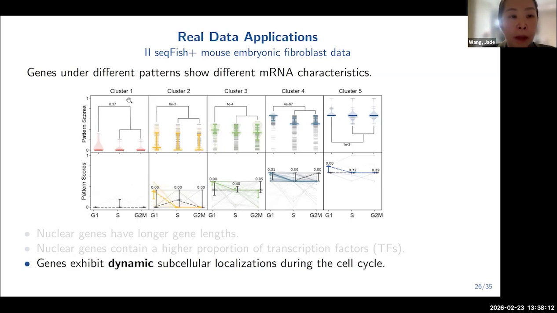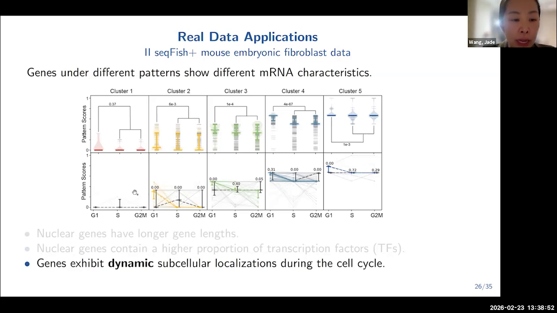In this figure, we show the cluster 1 genes, which we identified to be nuclear cluster 1 when we applied ELLA to all the cells. Now we apply ELLA to the subgroup of cells belonging to each cell cycle. So here are 3 subgroups of cells. We check if there are any patterns. If we pick cluster 2, we were able to identify a subgroup of genes where their subcellular localization pattern varies across the cell cycle subgroups.